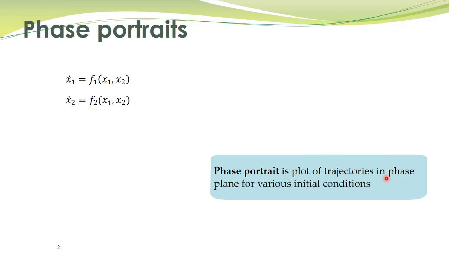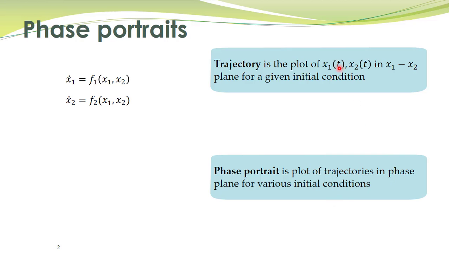So what is the trajectory of a system? Here x1 and x2 are solutions to these two differential equations, and the plot of x1 and x2 in this x1 x2 plane, for a given initial condition, is called a trajectory. So the plot of x1 and x2 in this plane is called the trajectory of the system, where x1 and x2 are the solutions to these differential equations.